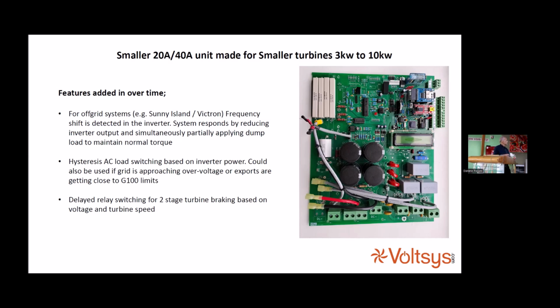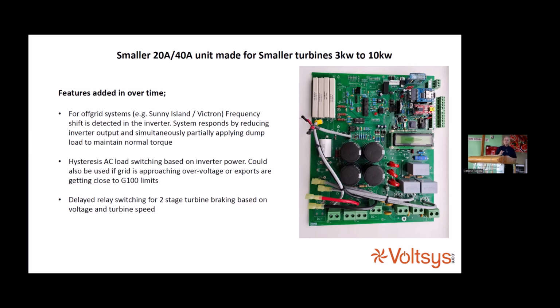Again, hysteresis AC load switching is also used for this. We also have another trick we added in: when a turbine cut out because of overspeed or wind speed being too high, we might want to reintroduce the turbine when the wind has slowed down, but we don't know when that is.